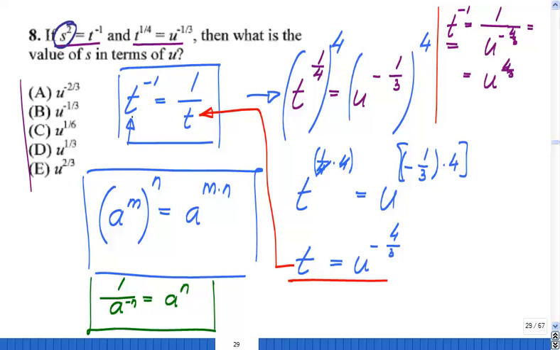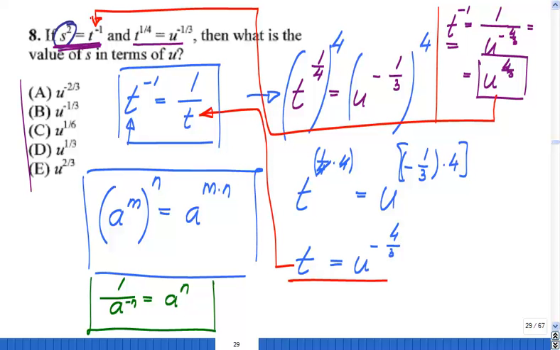But t to the negative 1 is equal to s squared. So let's plug this back into my initial equation and write it down. Now I know that my s squared equals u to the power of 4/3.